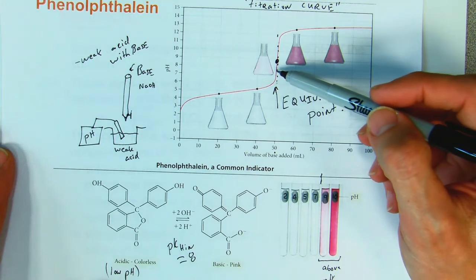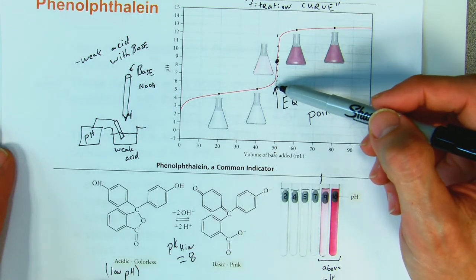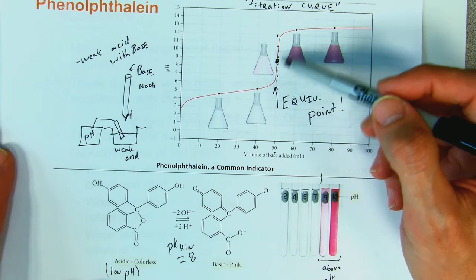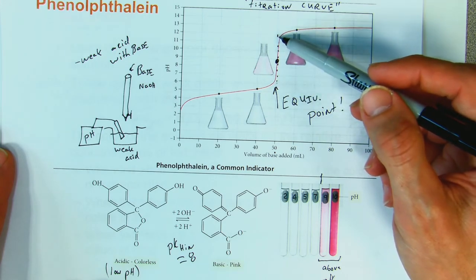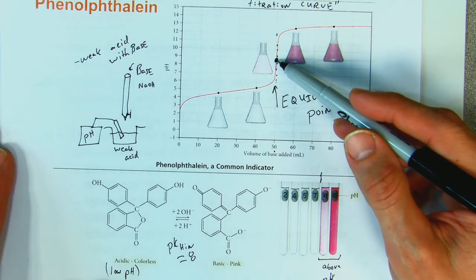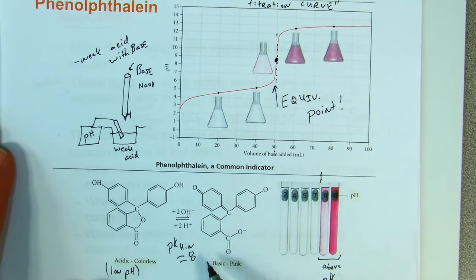So the pH jumps from, I don't know, pH 5 or 6 to pH 12 or so in just maybe 1/10 of a milliliter. And that corresponds to our equivalence point. And at that same pH range, our phenolphthalein changes color from colorless to pink.